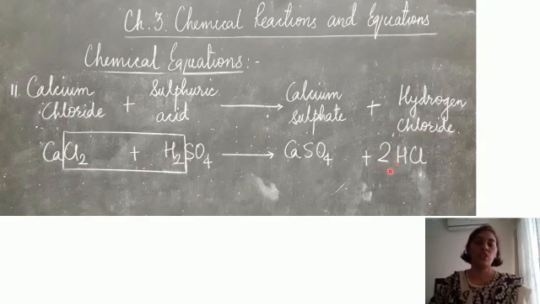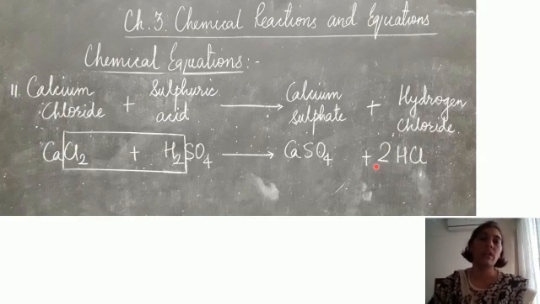So we stop here, and in the next class we will be starting with the various types of reactions. Your homework will be to just practice these 11 equations. You have to write them down again and again, and you have to balance them. The more you write them, the more you balance them, the more confident you will become about their balancing, because you will be able to do it only if you practice it.